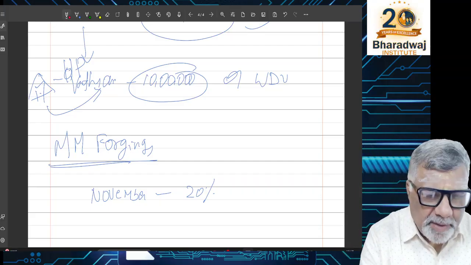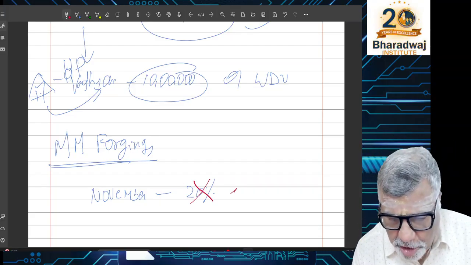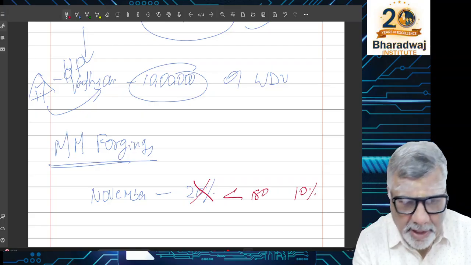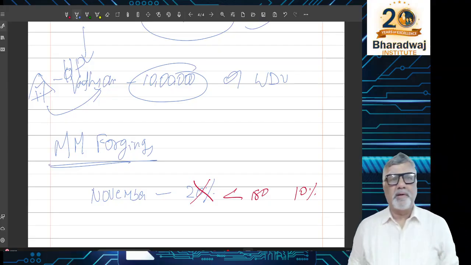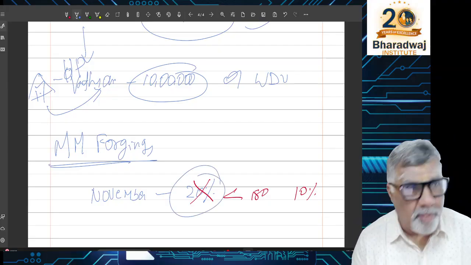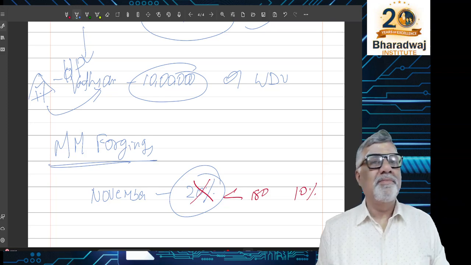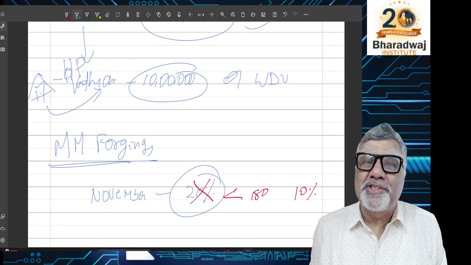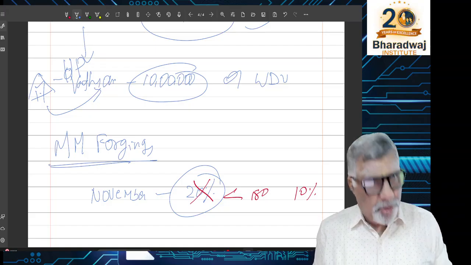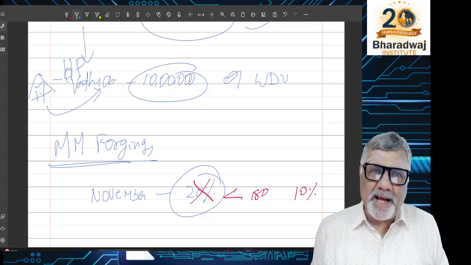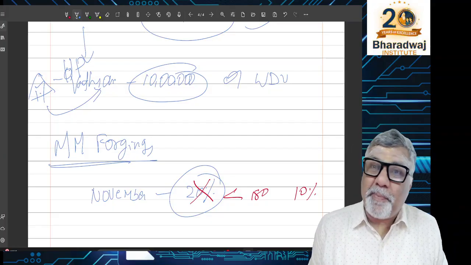The income tax department said since you have put it to use for less than 180 days, you can claim only 10%. The company said, boss, this is the rate promised by the finance minister. The income tax department argued, true, it is the rate promised by the finance minister, but interpretation of law.